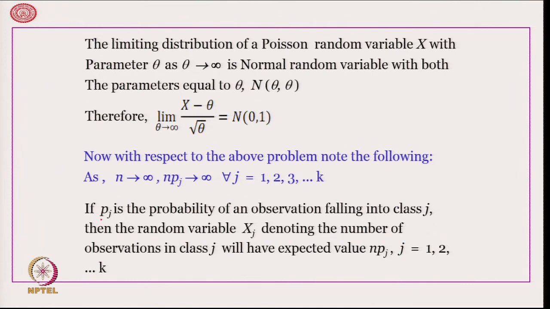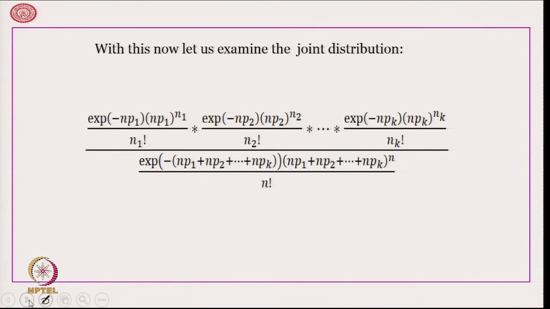Hence, if pj is the probability of an observation falling into class j, then the random variable xj denoting the number of observations of class j will have an expected value npj. This is very clear because the proportion coming from class j is pj for j equal to 1 to k. With this, let us now examine the expression we have just obtained.